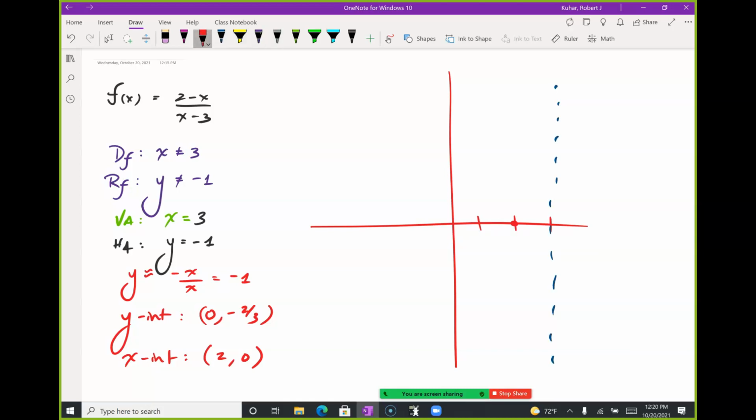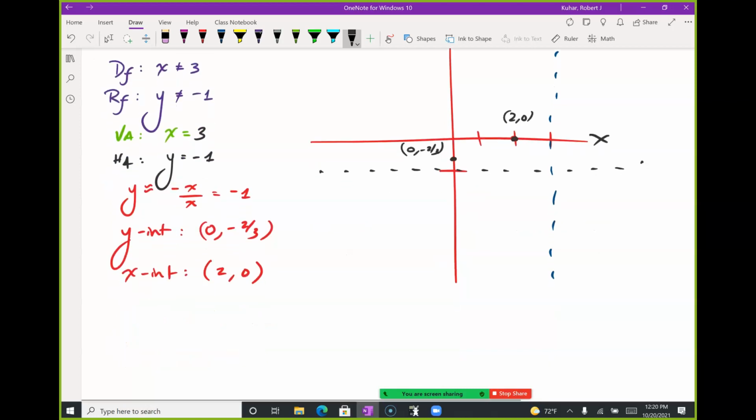I have a horizontal asymptote at -1. I've got the points, so I have my (2, 0), and I have my (0, -2/3), right? And then I'm going to also ask for short run.